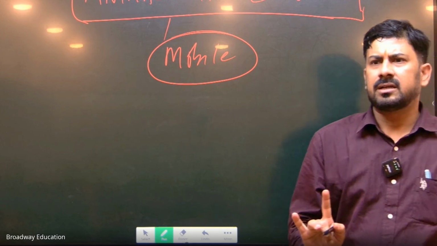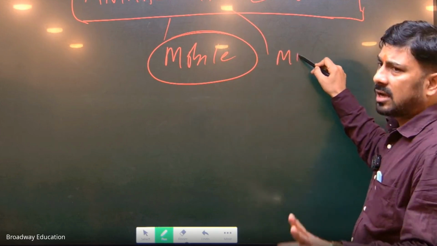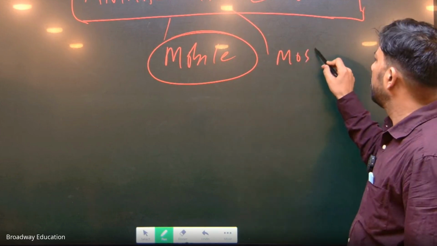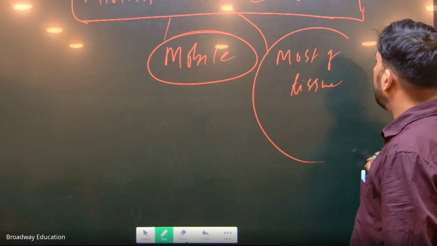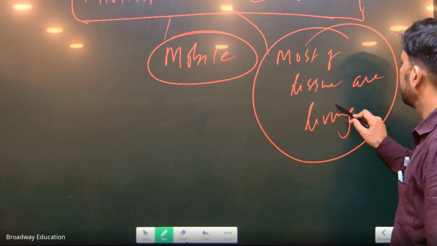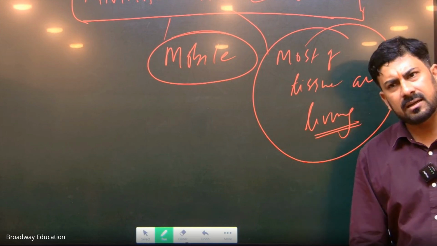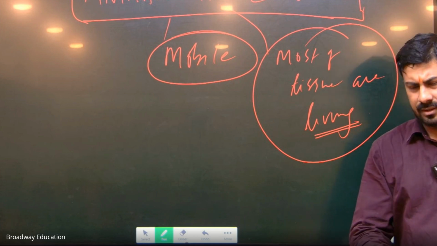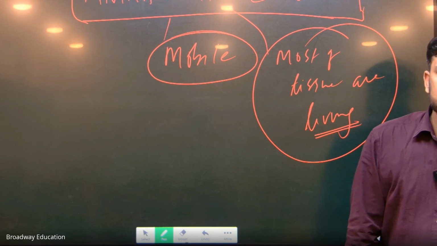Understanding? Yes or no? So most of the tissues, I'm not saying all, I'm saying most of the tissues are living. Is this part clear with everyone? Except few males and all. Getting my point? Yes, no.